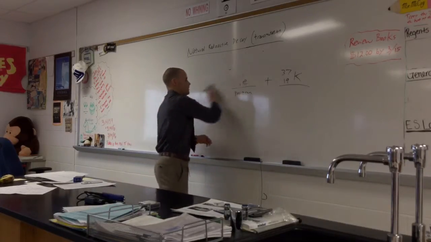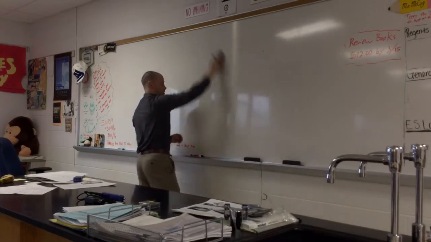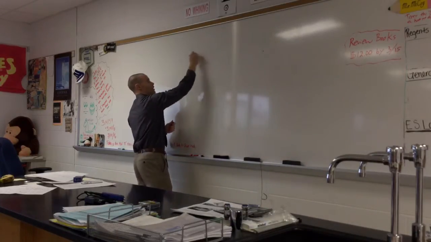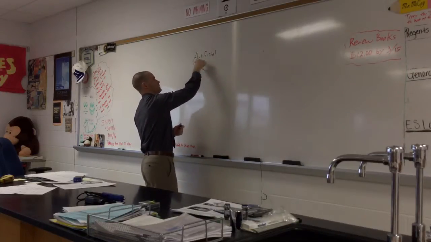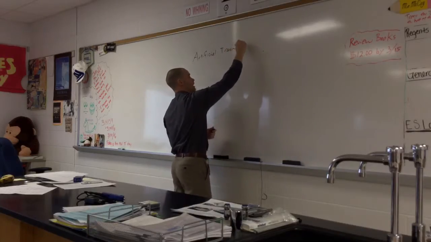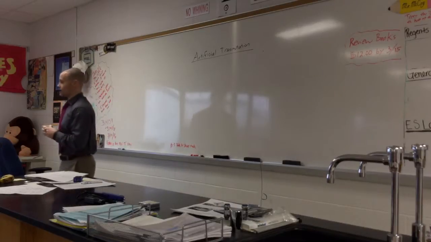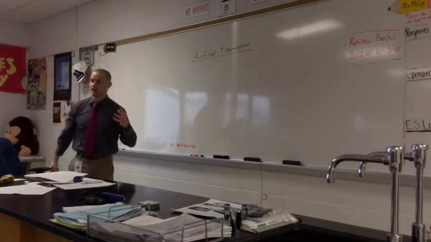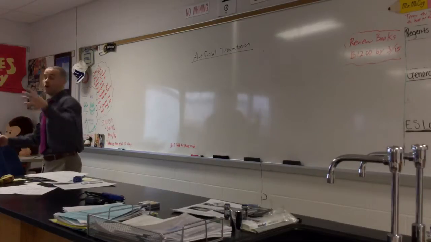Okay, real quick, let me give you at least one example of artificial transmutation. Artificial transmutation, or artificial radioactivity, I'm just going to leave artificial transmutation, is when scientists, physicists, chemists take isotopes and put them in labs with particle accelerators.